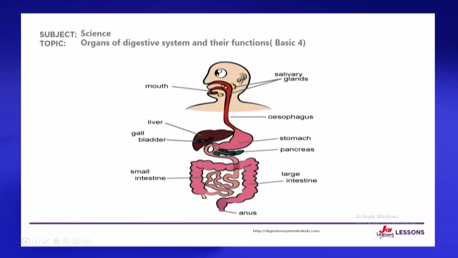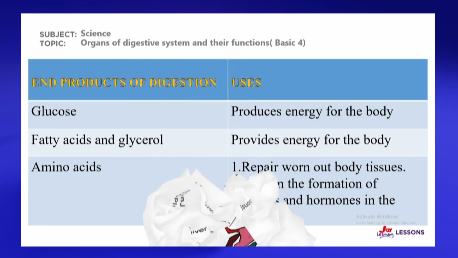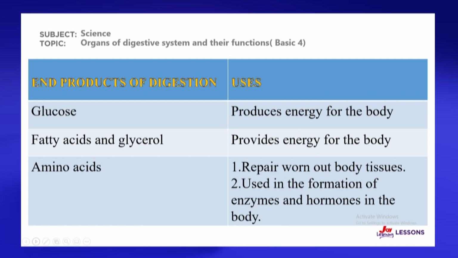We also look at the various parts of the digestive system: mouth, esophagus, liver, stomach, pancreas, gallbladder, large intestine, small intestine, and anus. We also look at the end products of digestion and their uses.